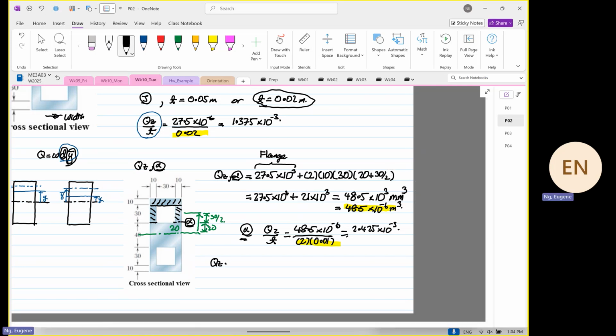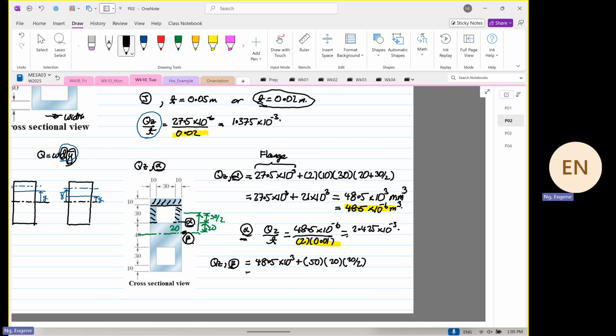And lastly, we want to find QZ at point beta. So this is where point beta is. QZ at point beta will be equal to 48.5 times 10 to the power 3, plus the width, which is 50, times the depth, 20 multiplied by 20 divided by 2.